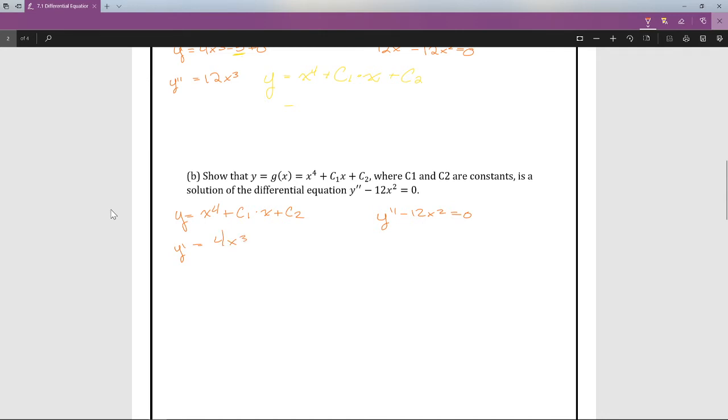So I have 4x to the third plus c1, and the second derivative, which will give me 12x squared, and that's it. So then I would just, once again, prove that 12x squared minus 12x squared equals 0. So the function y equals g of x is a solution to the differential equation.